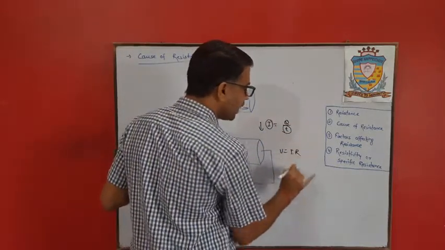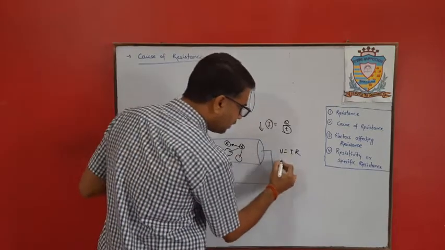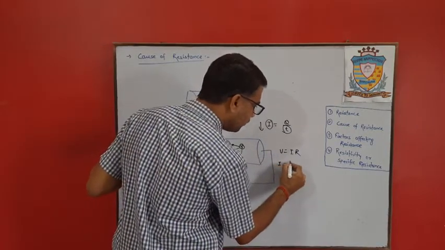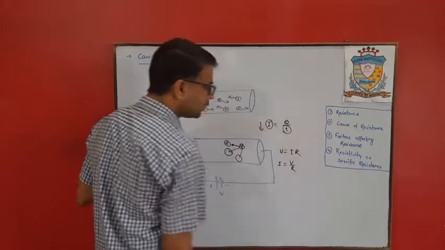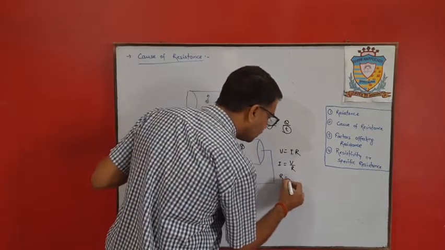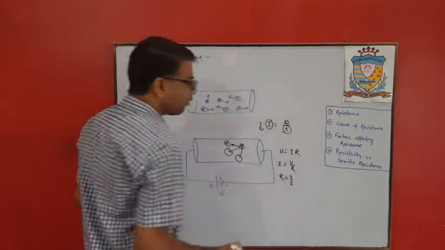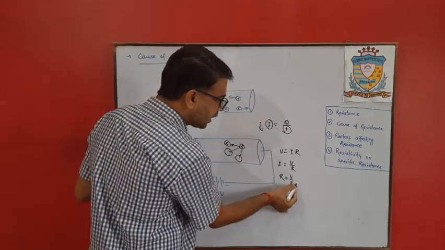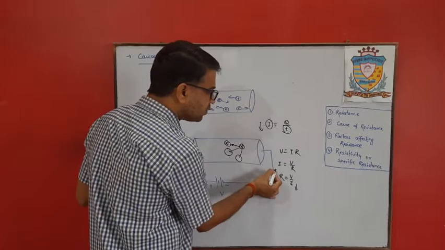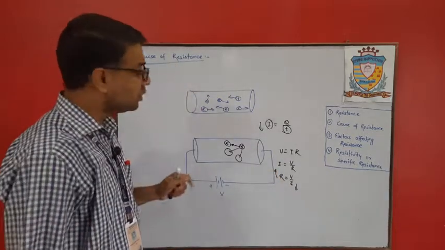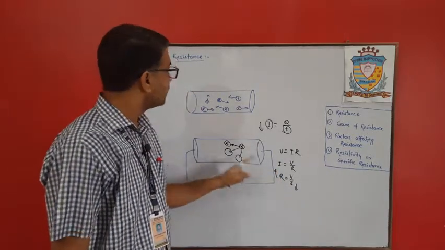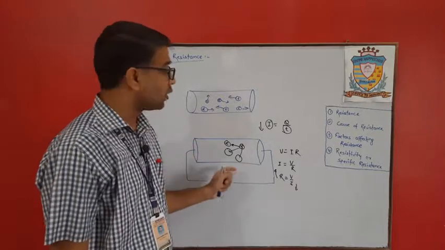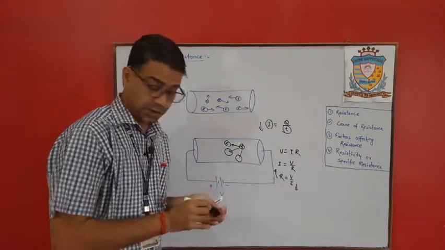V is equal to IR, and I is equal to V by R, or R is equal to V by I. From here, as you can see, if I decreases, this resistance will increase. So this is the reason behind the resistance. This is the cause of resistance.